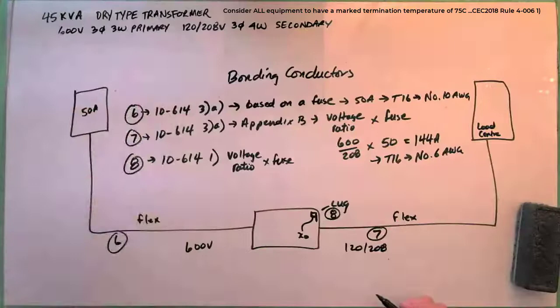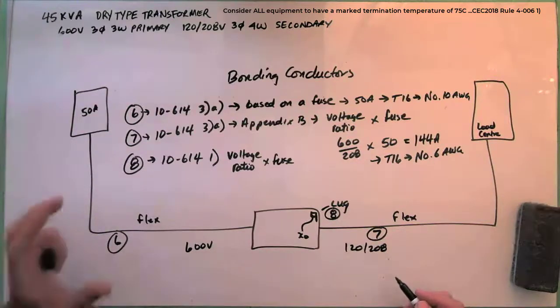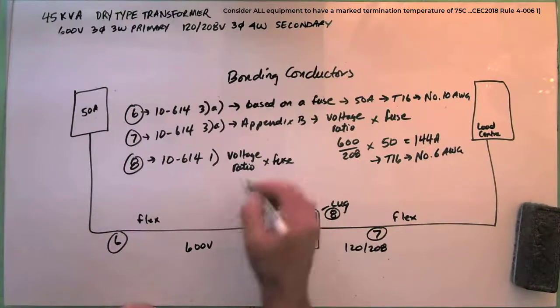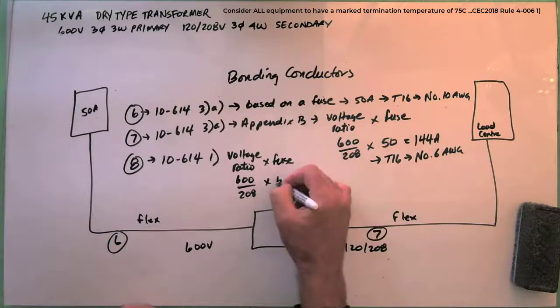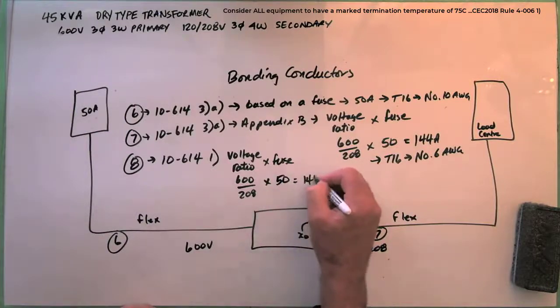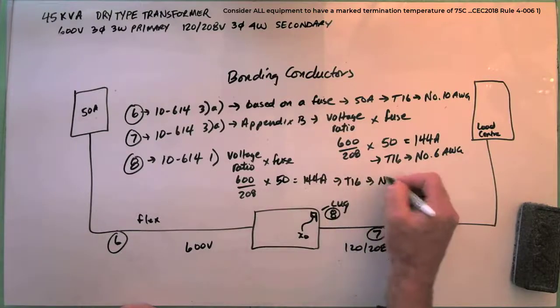They've really cleared it up now for transformers. I actually like what they've added in. You got to look at the keywords, take your time and read those rules. 10-6-14 for bonding. So I take my voltage ratio, and it's going to work out the same as over here. I get 144 amps. Go to Table 16, and again, it's going to be a number 6.